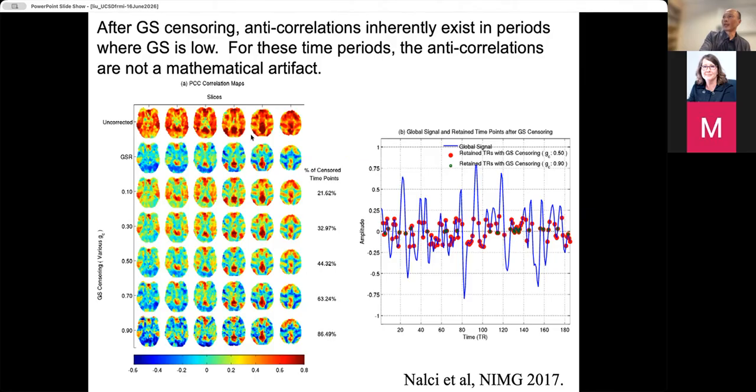And it turns out if you do that censoring, you end up with maps that look almost as if you did global signal regression, but you haven't done any global signal regression. You've just thrown out the points where there were a lot of swings in the global signal. So for those time periods you've kept, the anti-correlations are there. They're not a mathematical artifact.